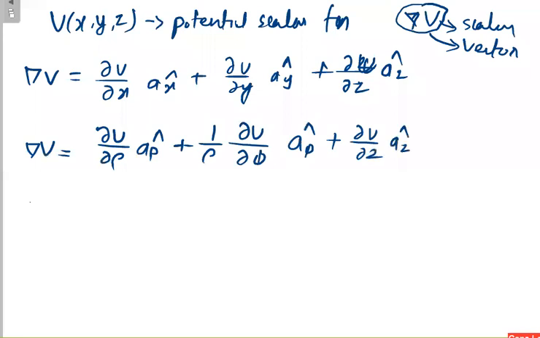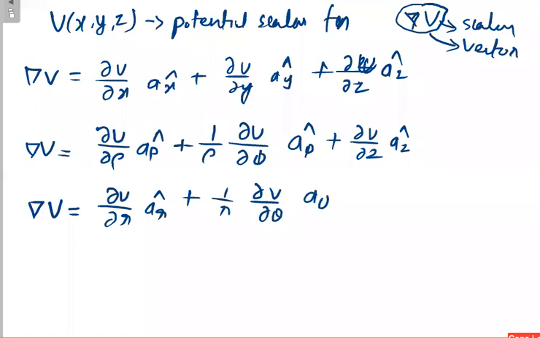Next, finally for the spherical coordinate system: dv divided by dr, ar cap, 1 by r, dv divided by d theta, a theta cap, 1 by r sin theta, dv divided by d phi, a phi cap.